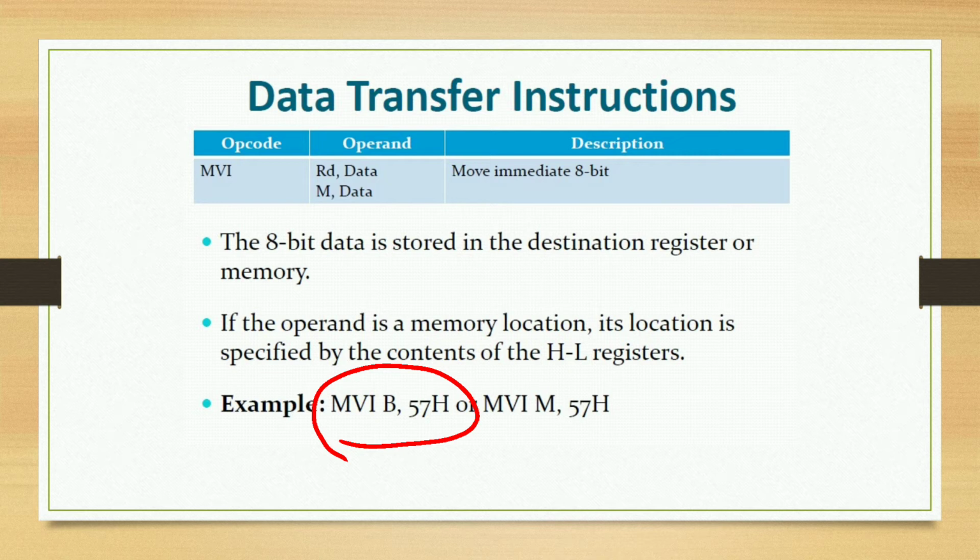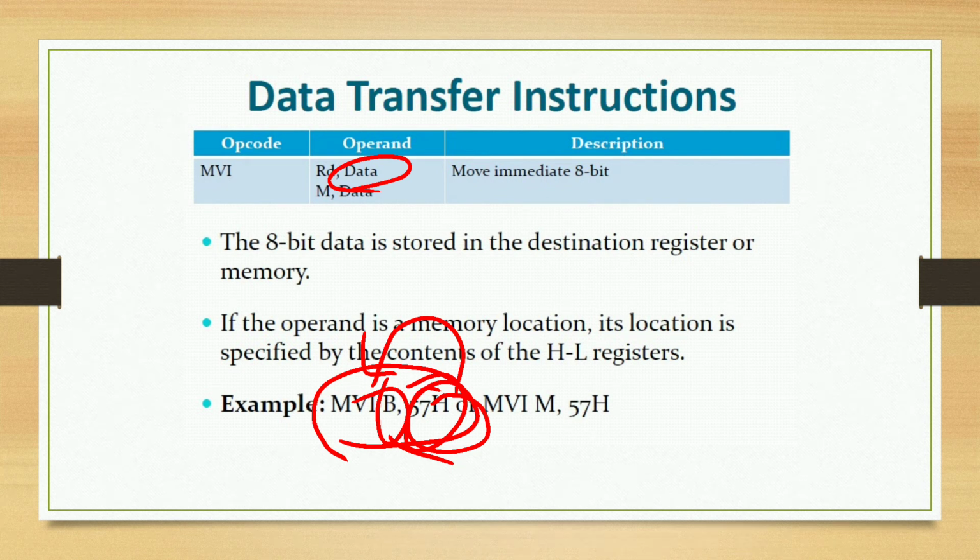RD is the B register and the data is 57, which is 8-bit data. 57 is moved to the B register, meaning the immediate data 57 is moved to register B.